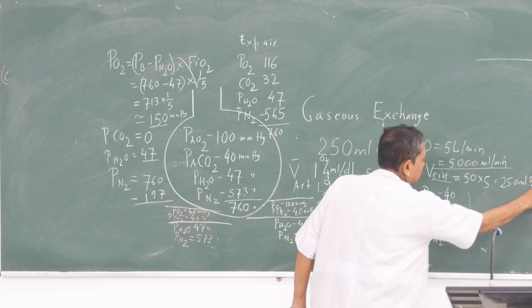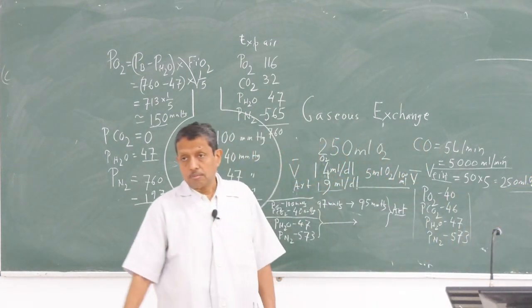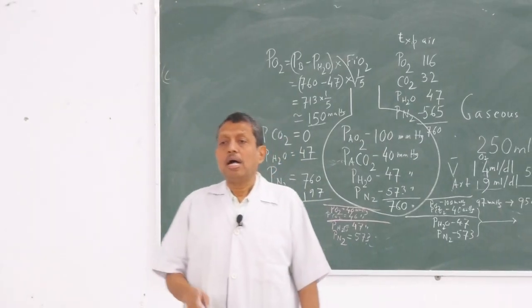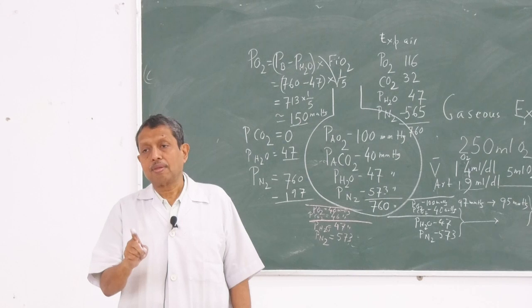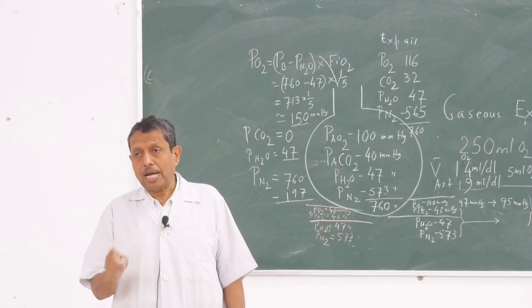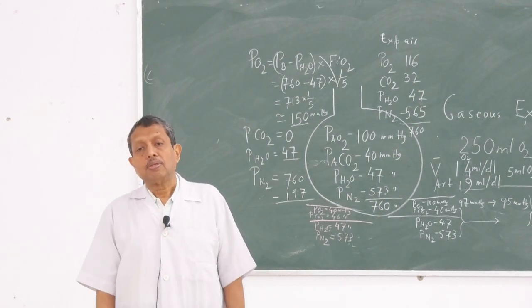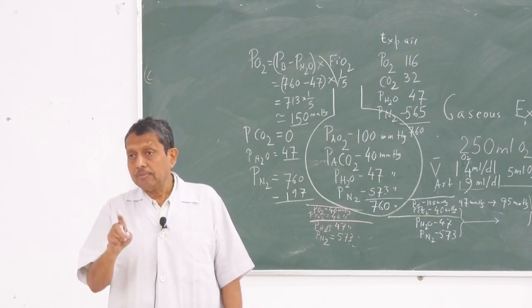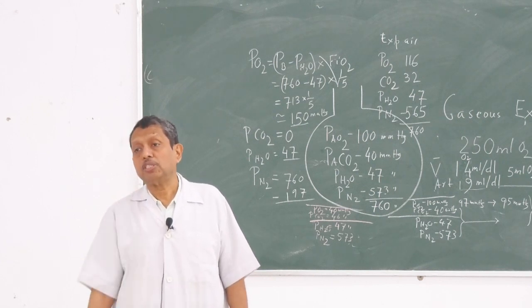It will enter into the body. 100 ml of blood, mixed venous blood entering into the lungs, gains 5 ml of oxygen.